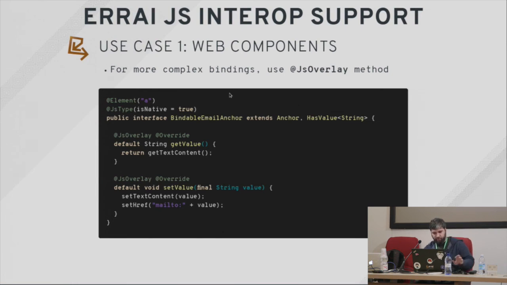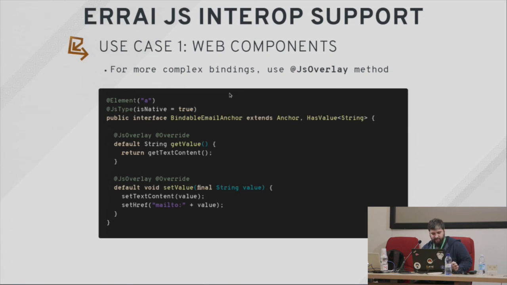Okay, sorry. So the last example is using JS overlay. You can override these getValue and setValue. This example is an anchor element wrapper that is specifically designed to allow you to bind to an email address.